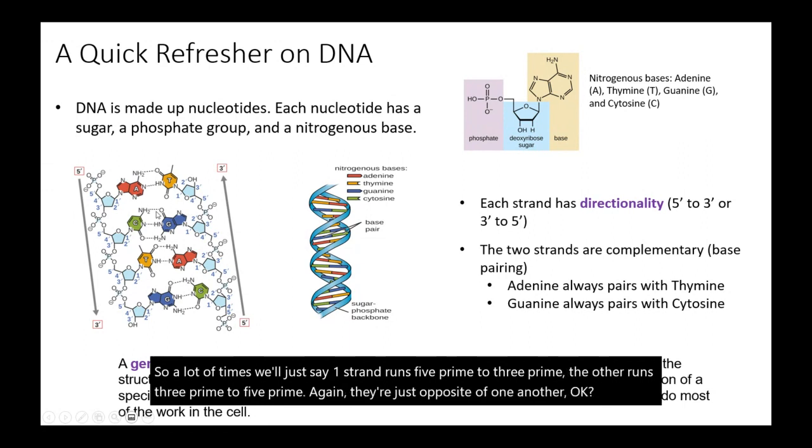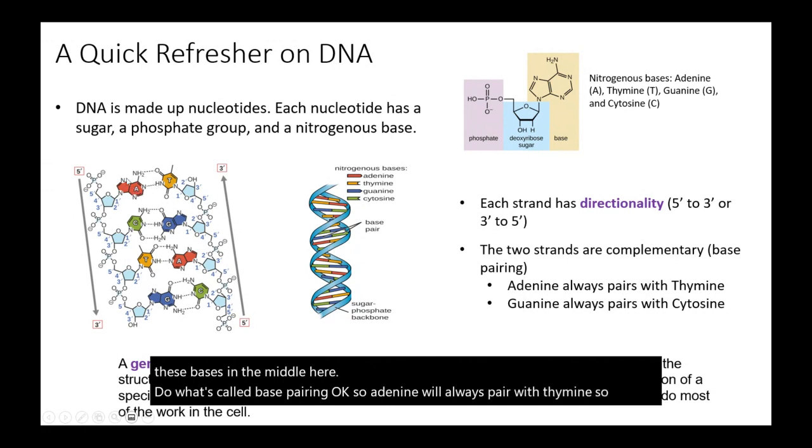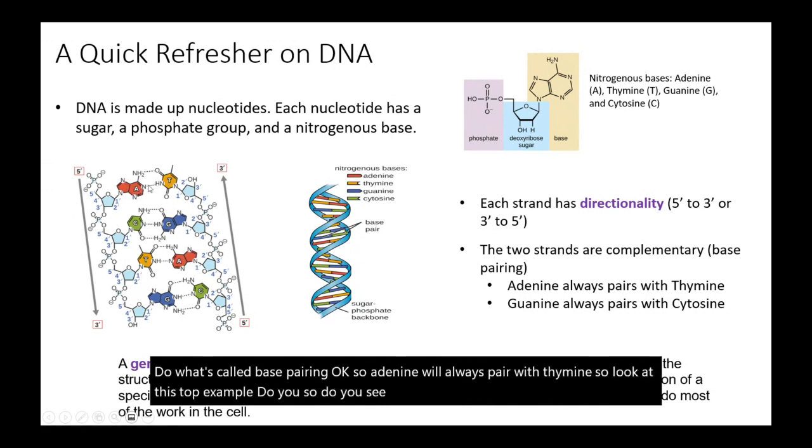We also say that these 2 strands are complementary. And what that means is these bases in the middle here will do what's called base pairing, okay? So adenine will always pair with thymine. So look at this top example. Do you see how adenine on the left is pairing with thymine on the right?